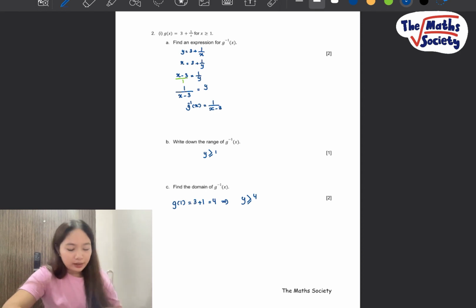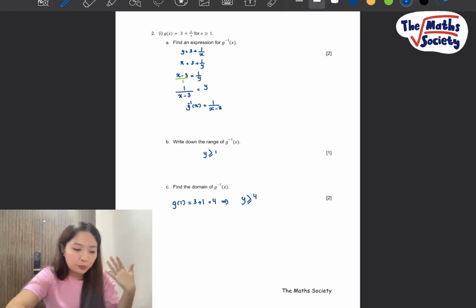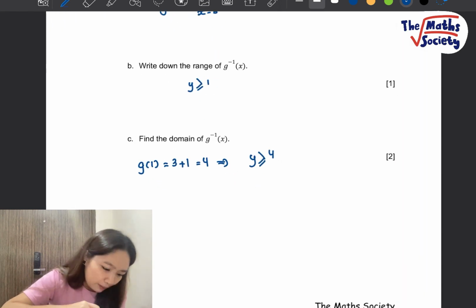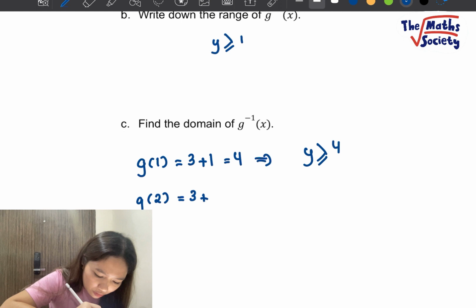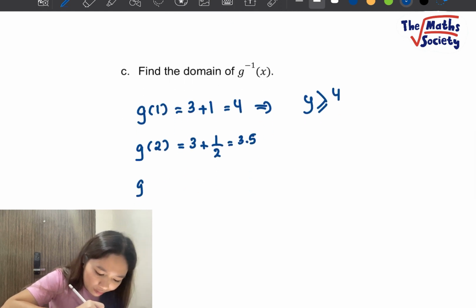If you don't get the graph that I'm drawing, then you could try substituting more numbers inside. So after I find G of 1, let's say I'm going to find G of 2. So G of 2 will be 3 plus 1 by 2, which is going to be 3.5. How about G of 3?